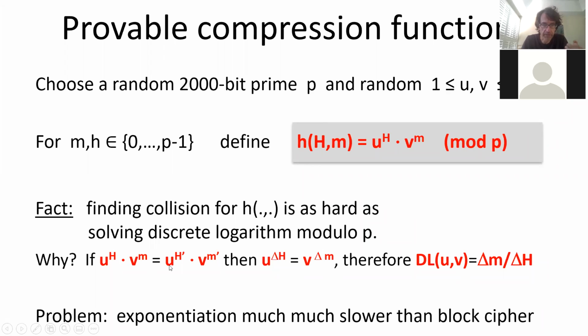So this is a nice exercise. Let's say you know the discrete logarithm. How do you actually now get an explicit collision? So that's a struggle in cryptography. The u and v would be called common reference parameters.